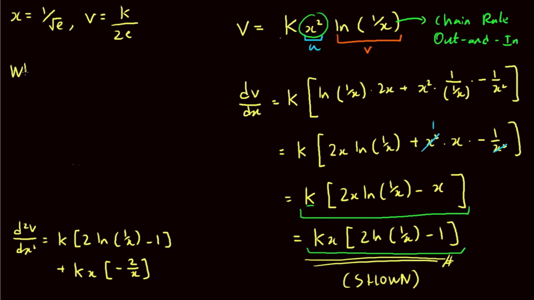So when your x is just simply 1 over root e, your d square v dx square will be what?